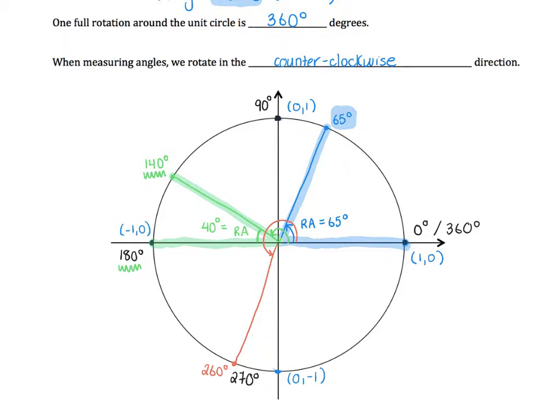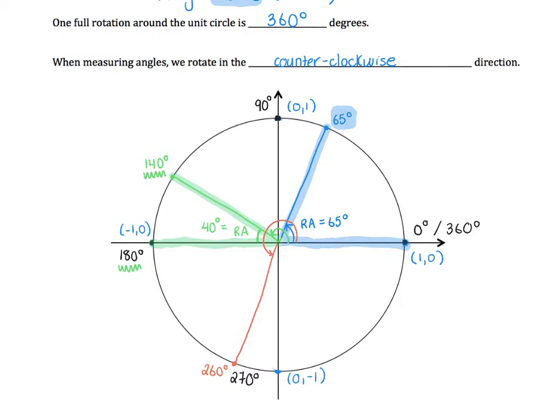Now, it's very tempting for some people to say that the reference angle is 10 because 260 is 10 away from 270, but that would be measuring our reference angle relative to the y-axis, and that just ain't how it's done. All right, so to answer the question, what is the reference angle? I'm going to be looking between my angle and the x-axis.